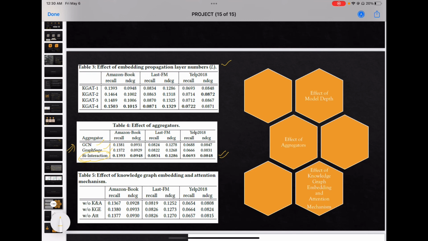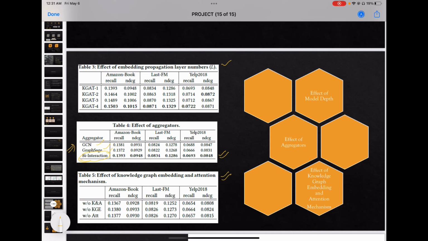So this verifies that incorporating additional feature interaction can improve the representation learning, and also it illustrates the rationality and effectiveness of the bi-interaction aggregator.